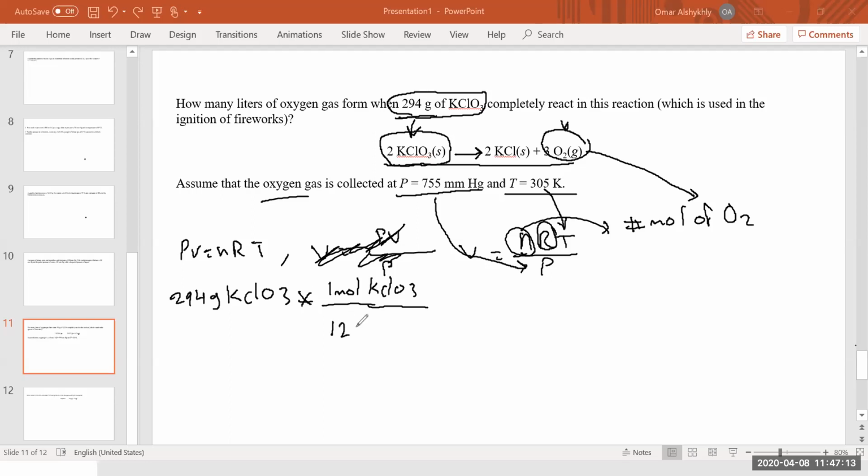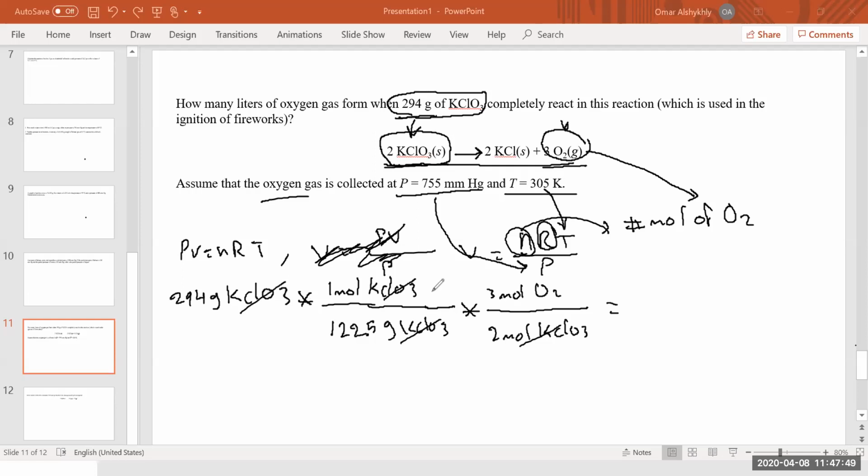So 122.5 gram KClO3, and times the mole-to-mole ratio between oxygen and KClO3, which is 3 mole O2 divided by 2 mole KClO3. And we will cancel mole KClO3 with this one, gram KClO3 with this one.